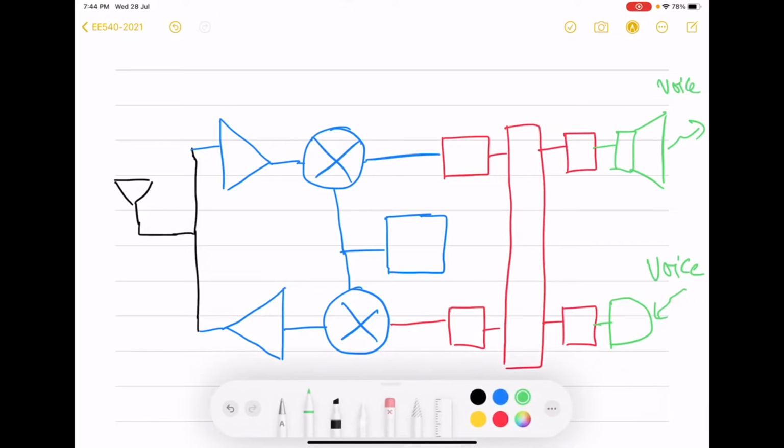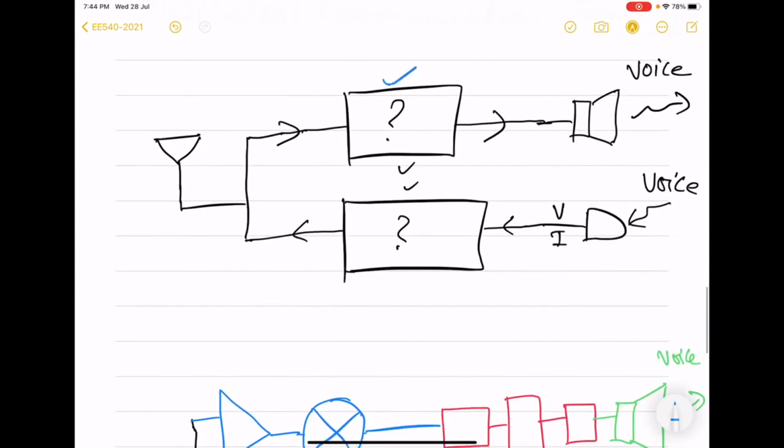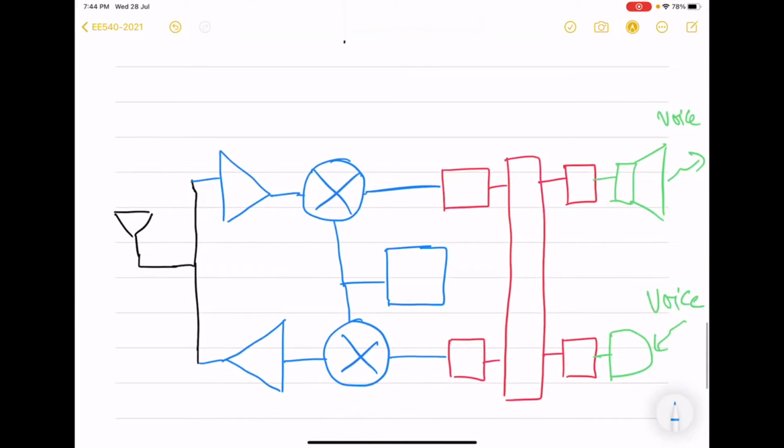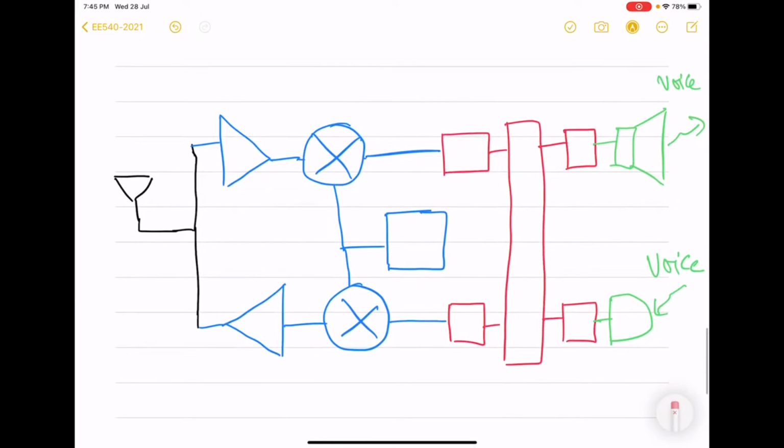So here we can see that we now have a number of blocks, and it is these blocks that we had earlier shown as a black box. Now we have separated them out in different colors to point to the different topics they will usually be covered under.